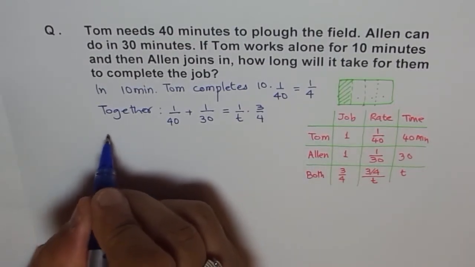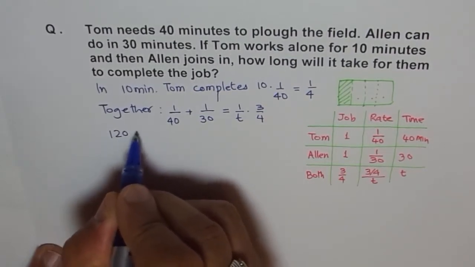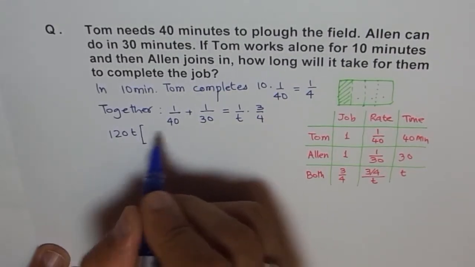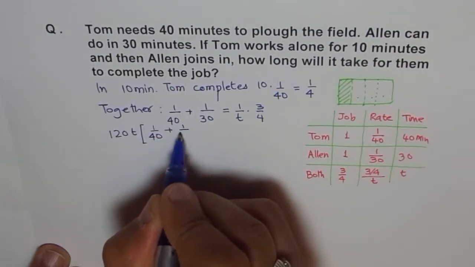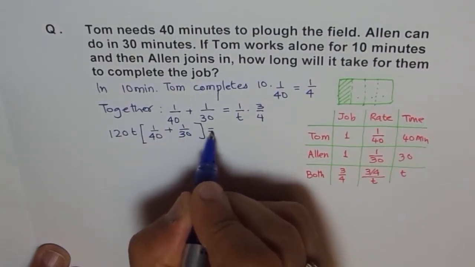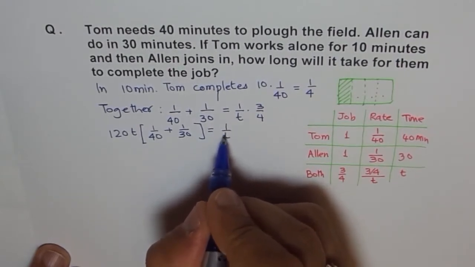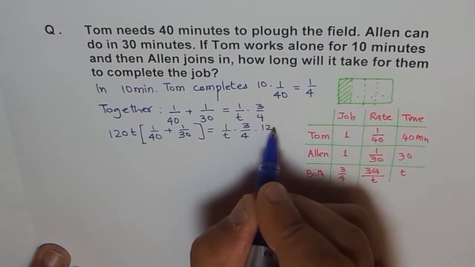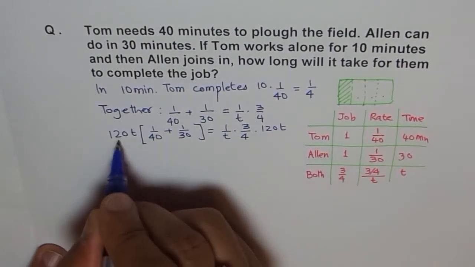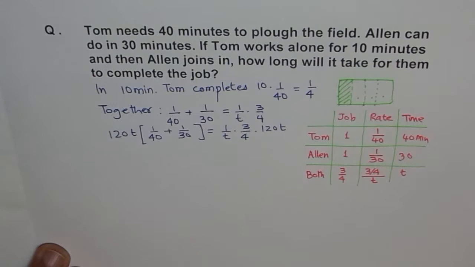Let me write this statement here as 120t times (1/40 plus 1/30) is equal to 1/t times 3/4 times 120t. Is it okay? We multiplied both sides by 120t, correct?